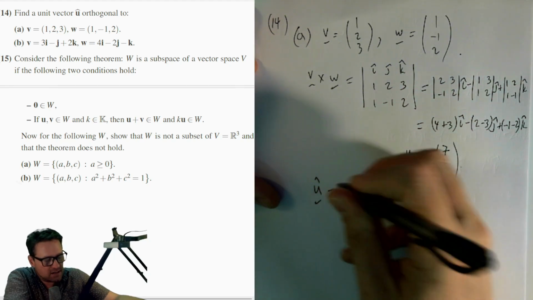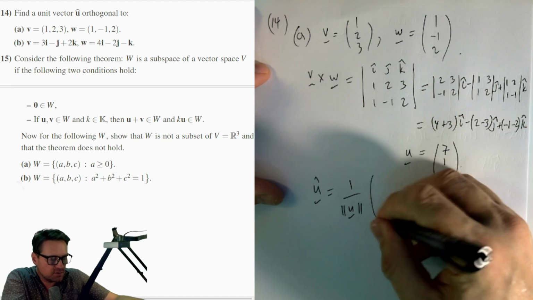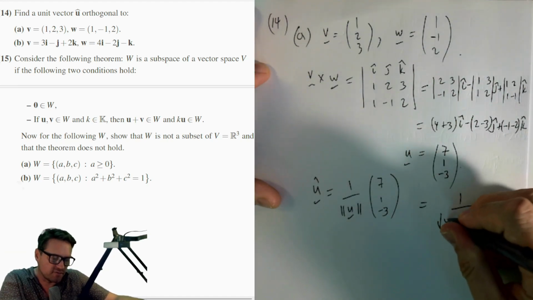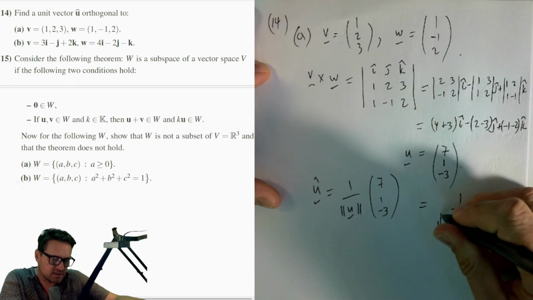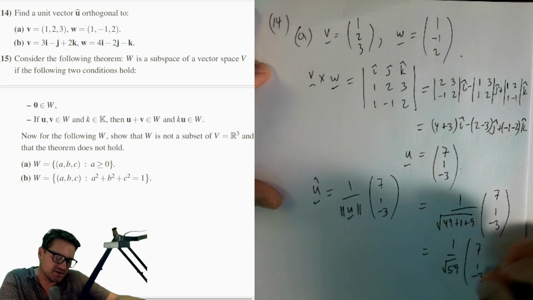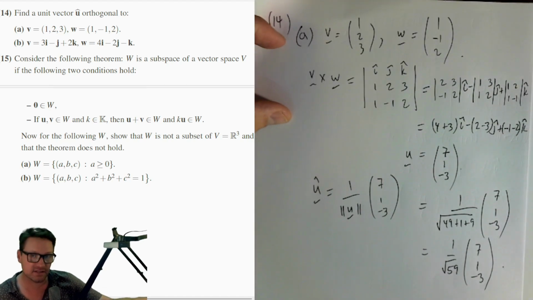So u hat is 1 on the norm of u times the vector u. And so taking the norm of this, we have the square root of 49 plus 1 plus 9. So 1 on root 59, (7, 1, minus 3) is a unit vector orthogonal to v and to w.